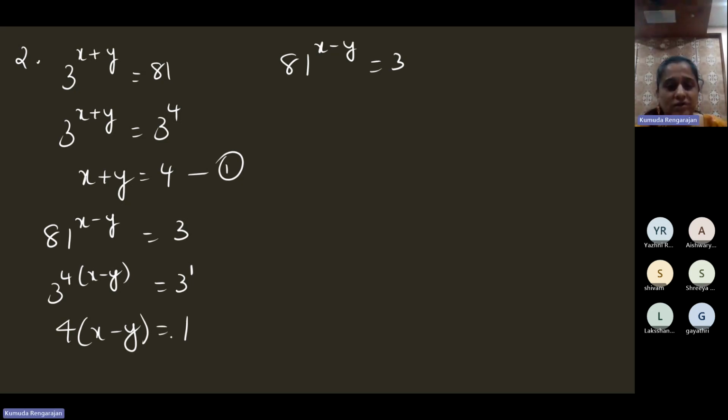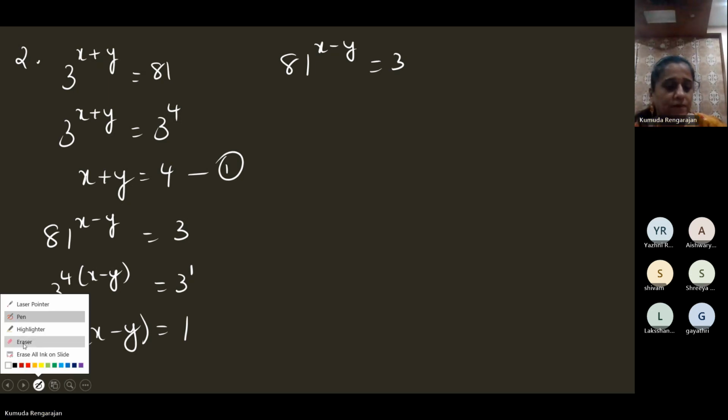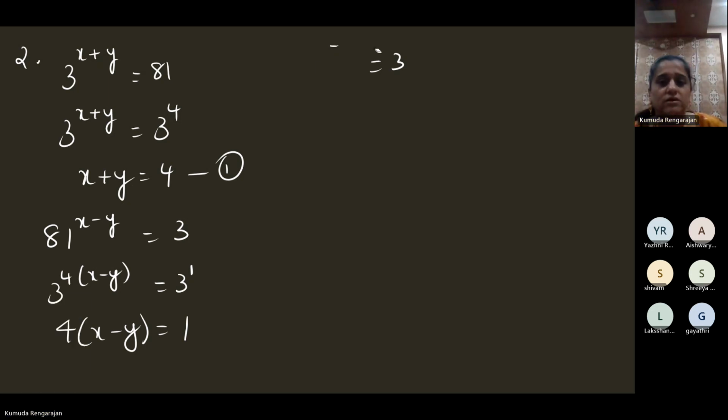So x minus y is equal to 1 by 4. When you transpose 4 to the other side, it will be 1 by 4. So that's the second equation.